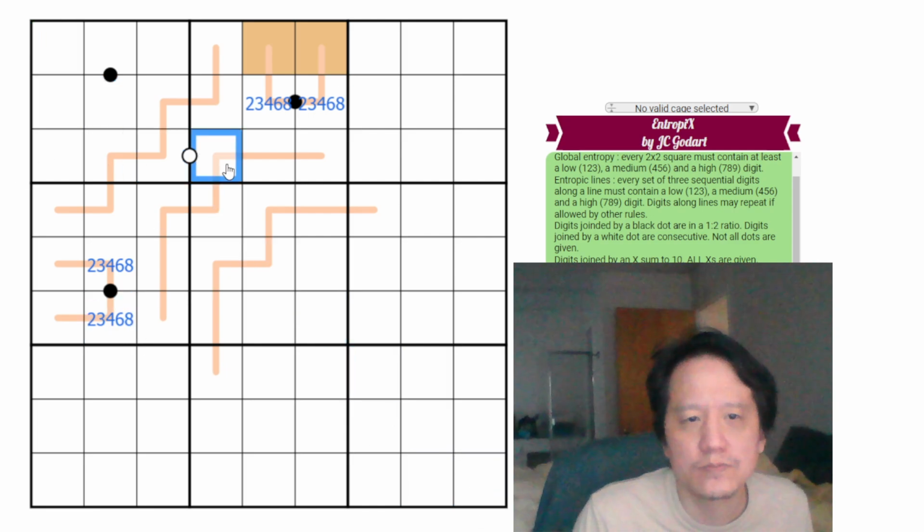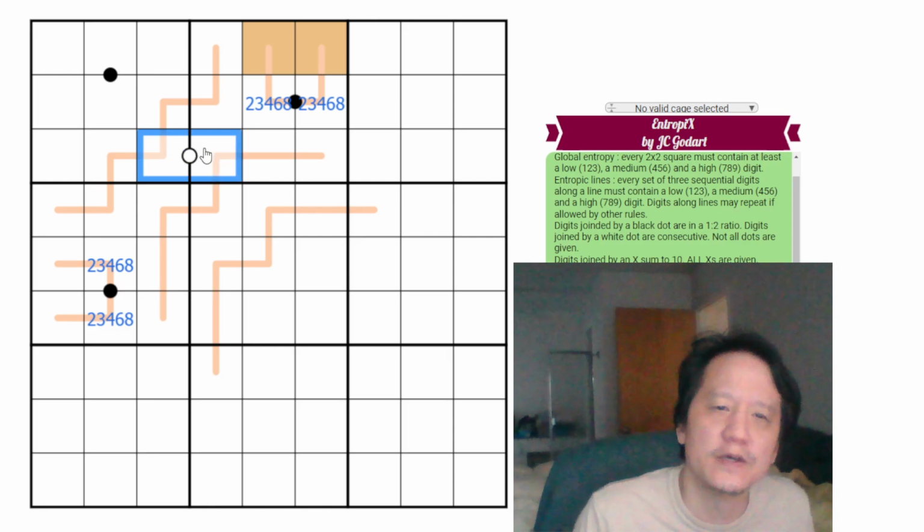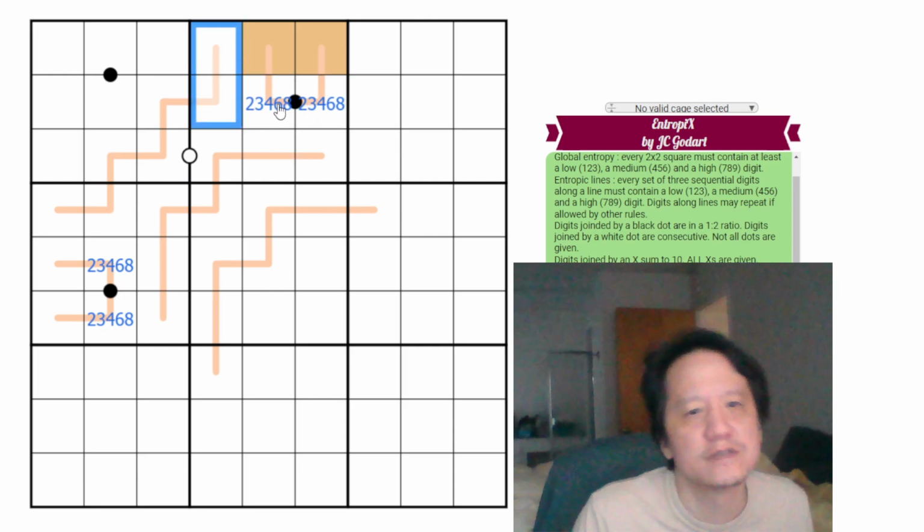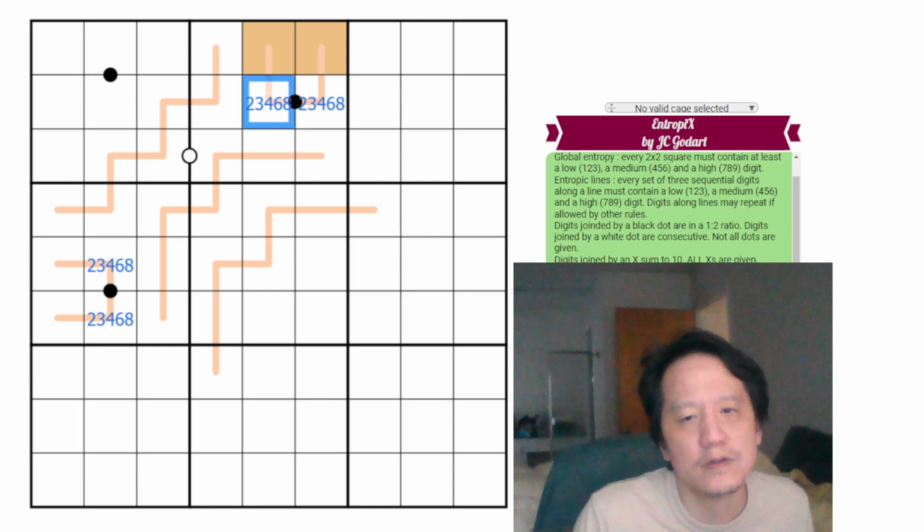Now this is interesting. So this cannot be orange. These have to be 2 different ones, which means it has to be the same 2 here, right? So let's just color one pink and the other one yellow. So this is also pink and yellow.